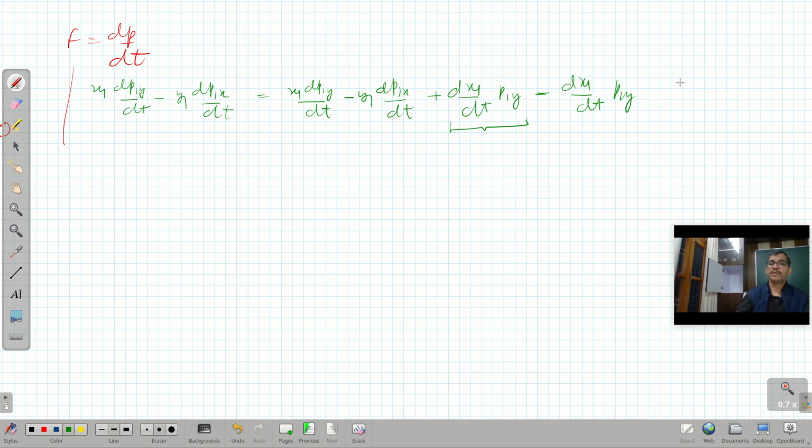And what is p1y? If I try to look at p1y, what is p1y? This p1y is equal to mass of the particle. Say if m1 is the mass of the particle, and this is written as the velocity v1y, or it is m1 dy1 over dt. So it can be written in this way.